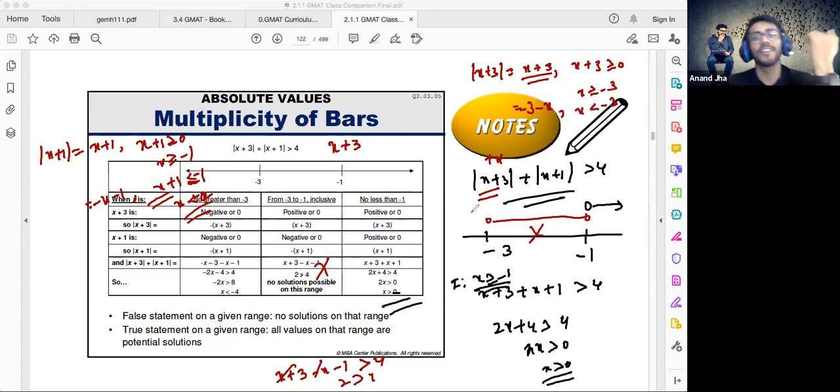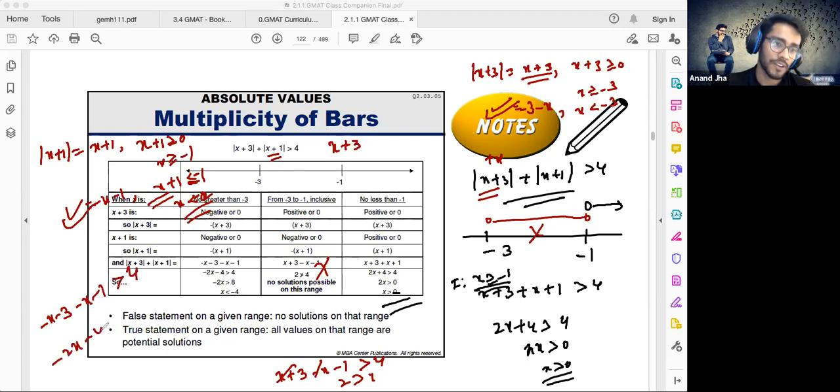Less than minus 3. So when it is less than minus 3, I'll take the negative case for both. So I'll write minus x minus 3, and minus x minus 1, greater than 4. How much is that? Minus 2x minus 4 greater than 4.